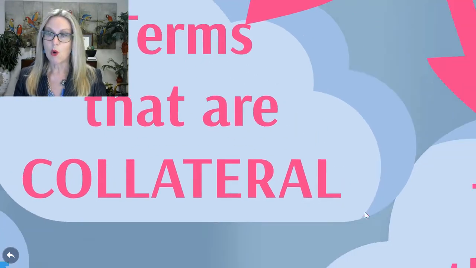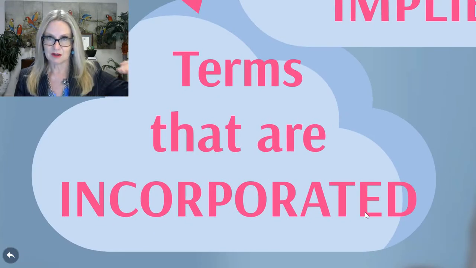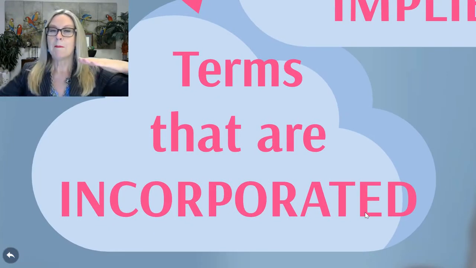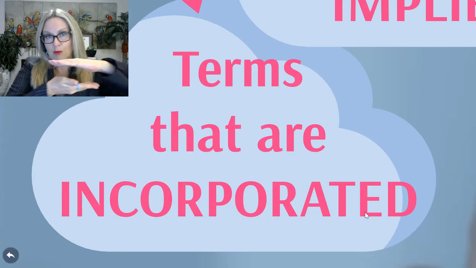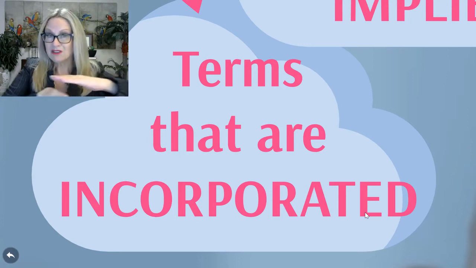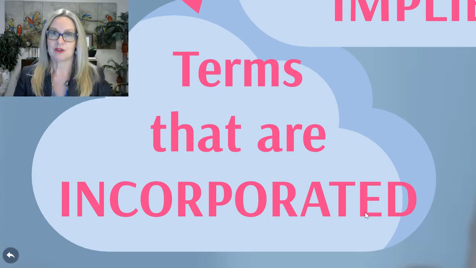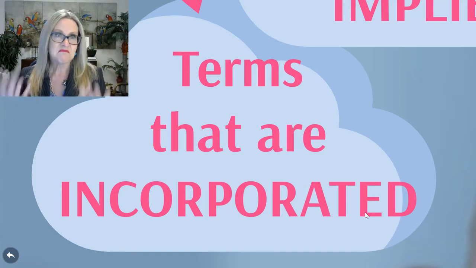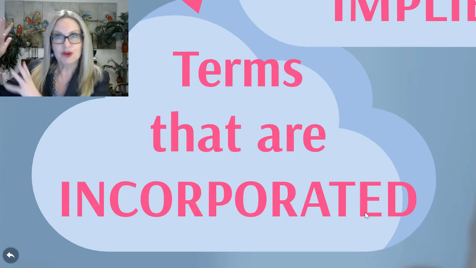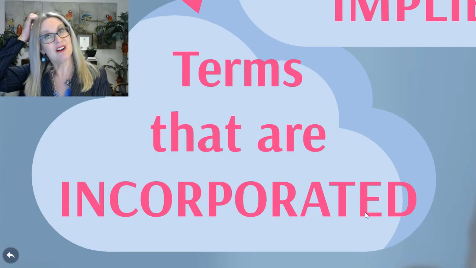Or you may find that the main contract's ticking along, but terms have been incorporated that augment or somehow change the terms of the main contract. There are a number of different ways that terms can be incorporated as contractual terms. You might have terms that get swept into a contract by putting them in writing on a notice, for example, or a sign.